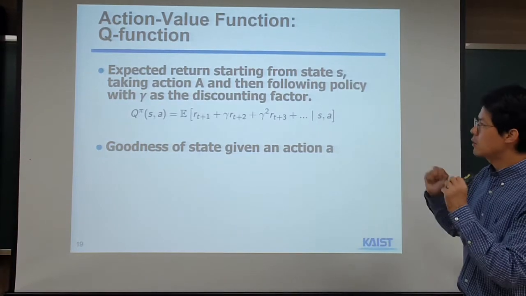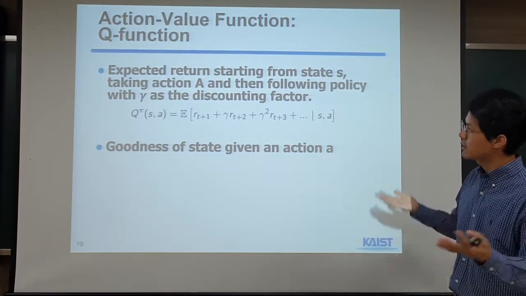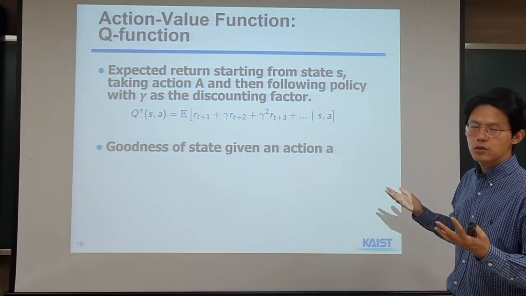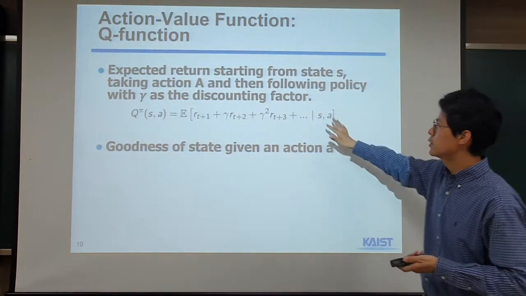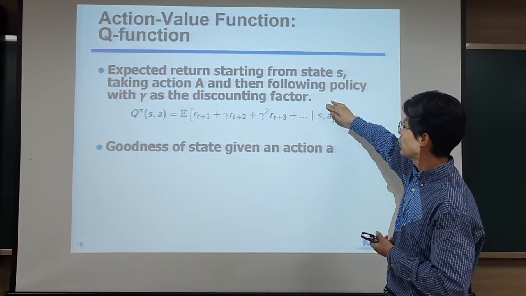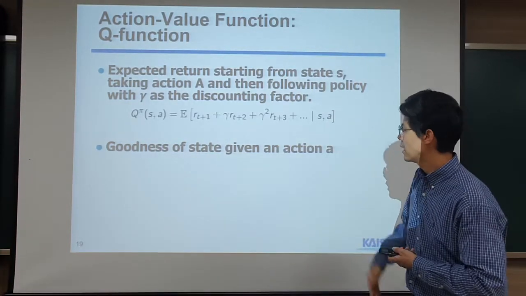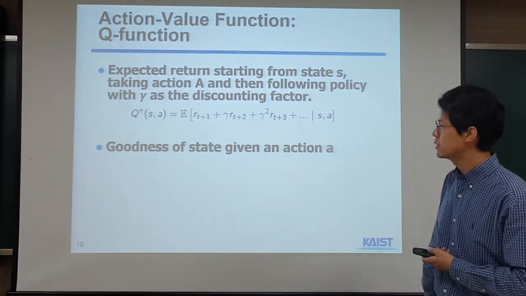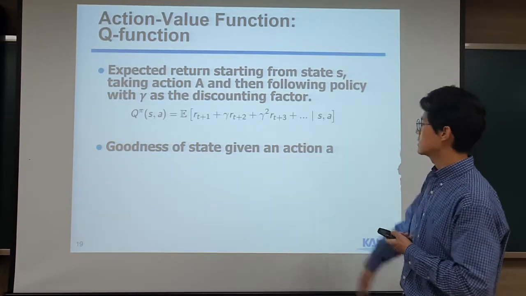It's the expected cumulative reward, right? So it looks very similar to the value function, but here we also consider the action together. And this gives us the goodness of the state given by taking the particular action A.